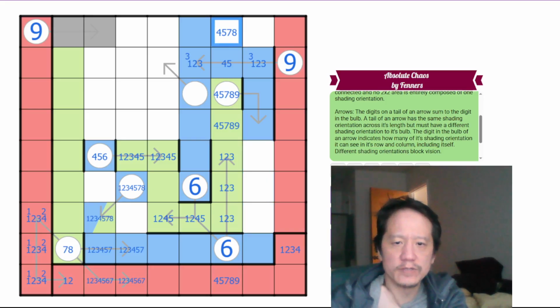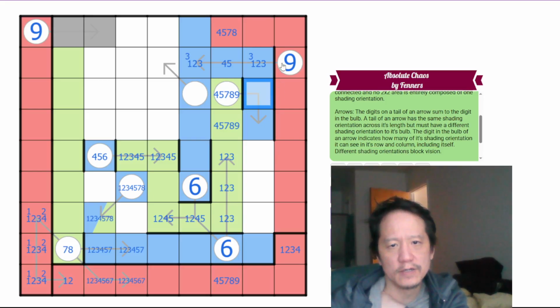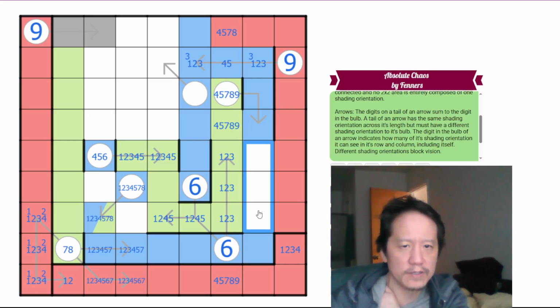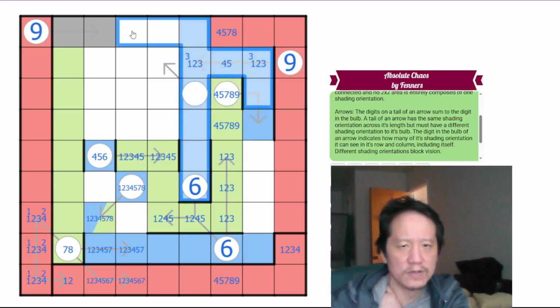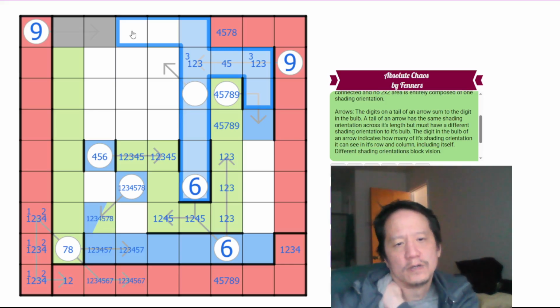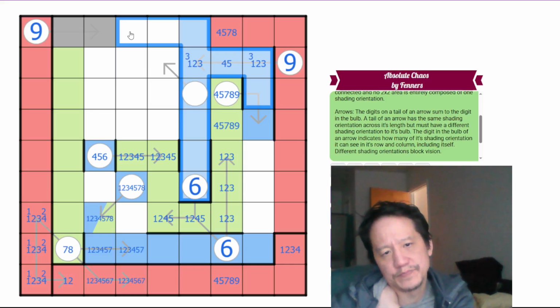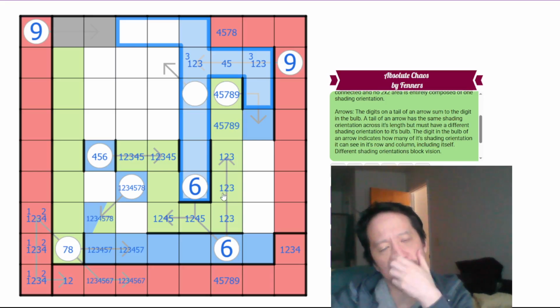This would have to be something else, not blue. So this is red. This is red. That's 9 red. So this must be blue or green. But this is essentially blocked off. Could not be green here.